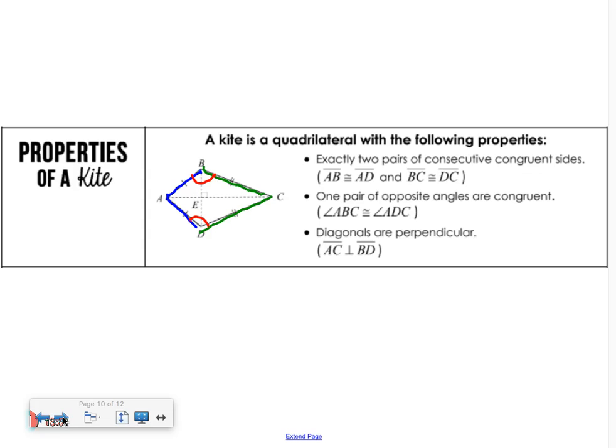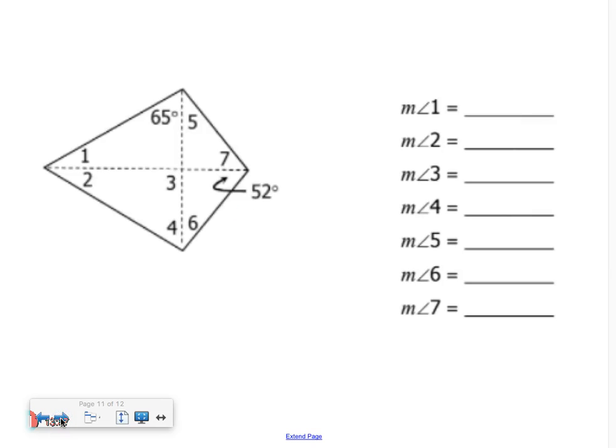Let's try to find some angle measures in a kite. Let's start with the obvious one. What is 3? 90. Is there another angle that is 52 degrees?